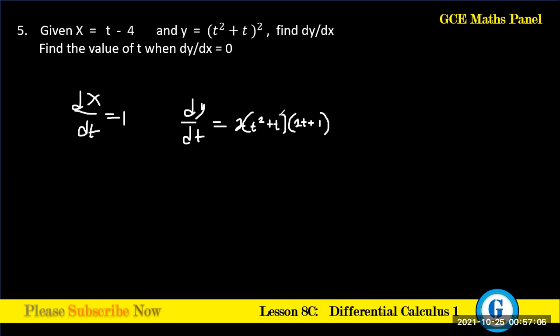So this is what we have. Now we say find the value of t when dy/dx is equal to 0.